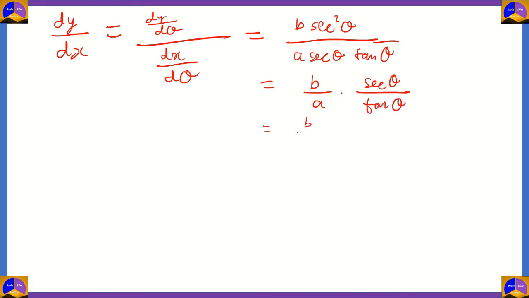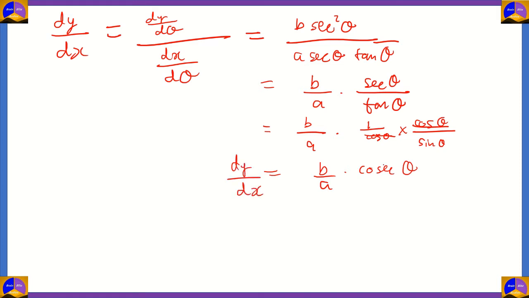That means you'll have b by a times 1 by cos theta into cos theta by sine theta, because it's 1 by tan theta. Since tan theta is sine theta by cos theta, 1 by tan theta will be equal to cos theta by sine theta. The cos values are cancelled. 1 by sine theta is equal to cosecant theta. So therefore you will have b by a times cosecant theta as the value of the first derivative.